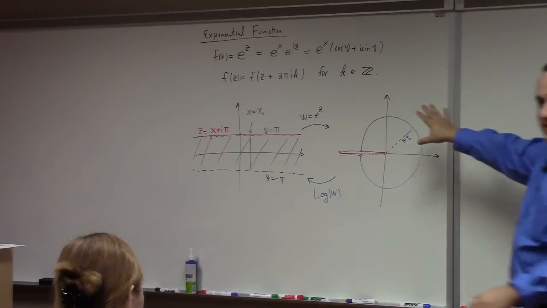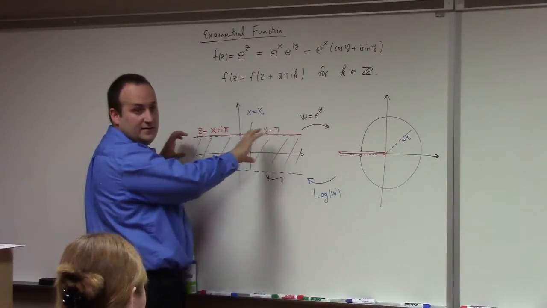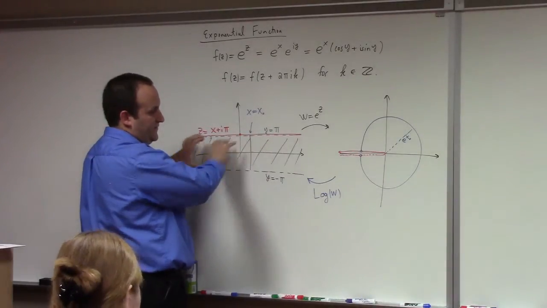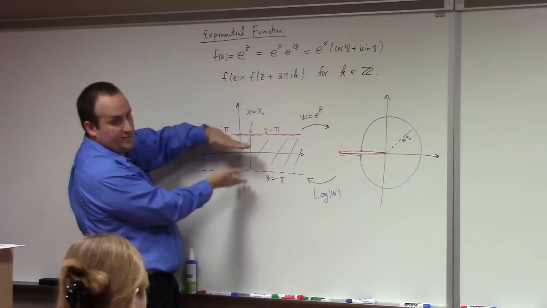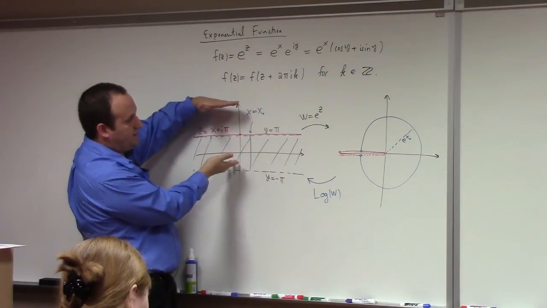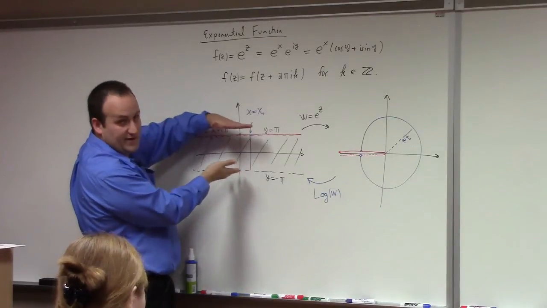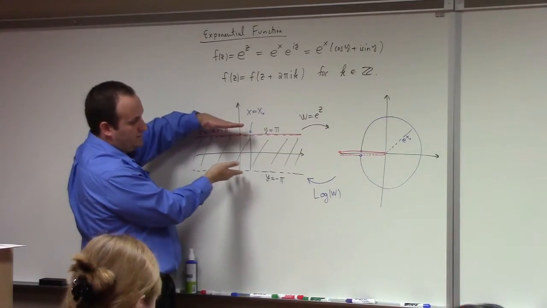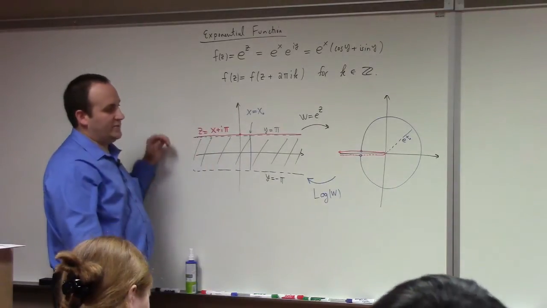The one thing, just what we did here, you could cut the domain down to just this strip of height 2 pi. And of course I could shift this up and down. I could just as well do any horizontal strip of height 2 pi, and that would work.